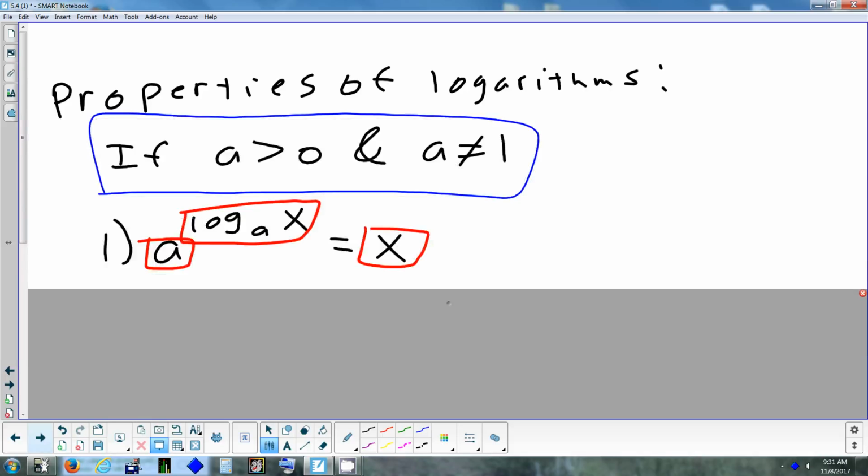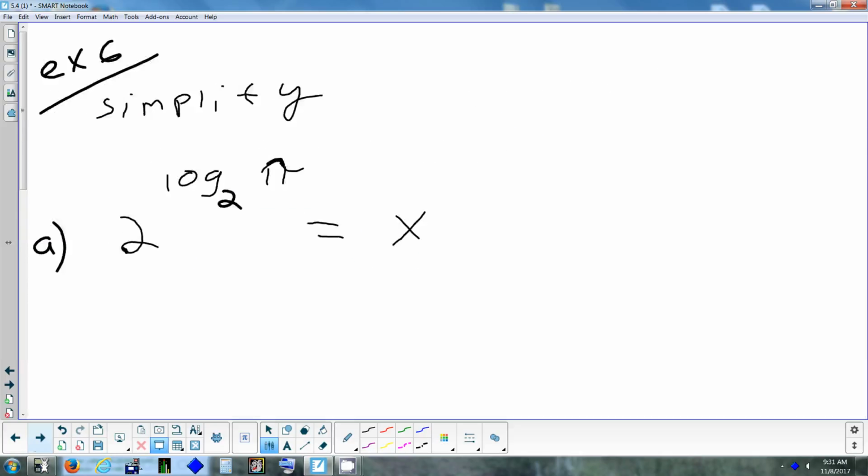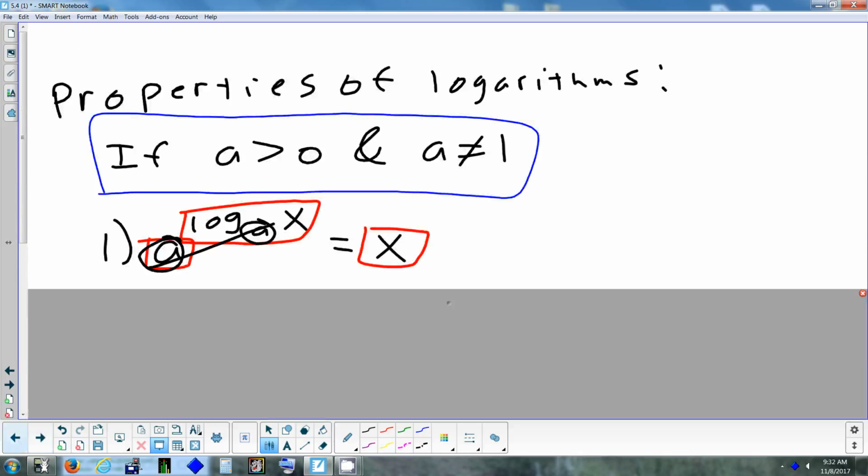So if you had 3 to the log base 3 of x, sorry, I'm excited about logs. If that number and that number match, as long as those two things match, this whole part just cancels itself out.